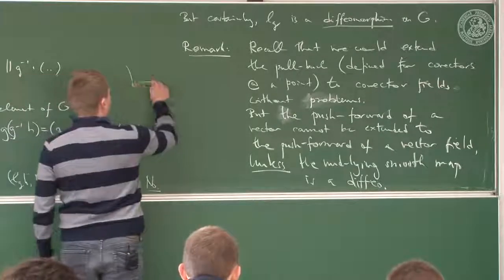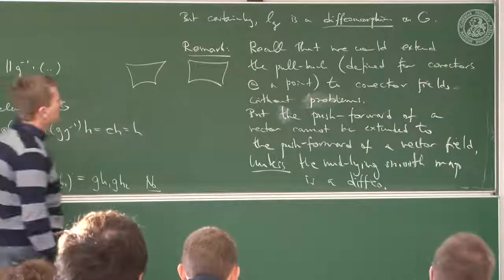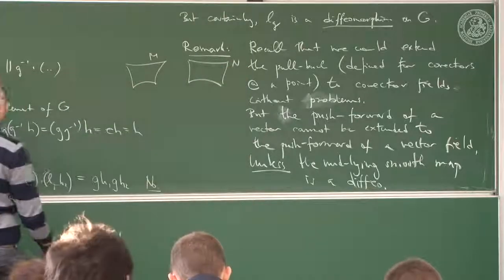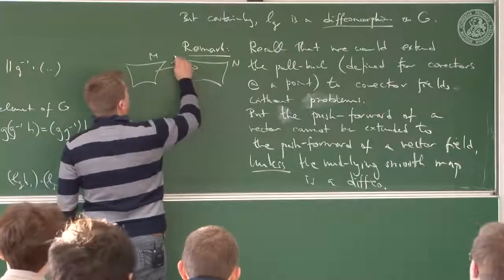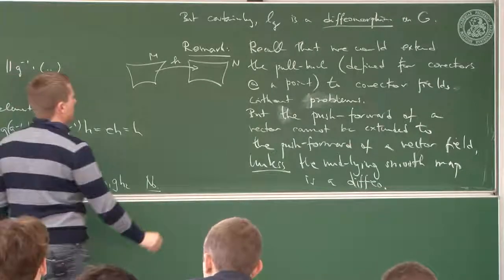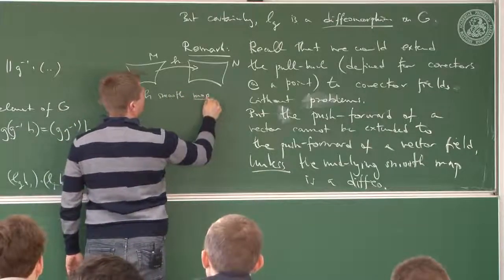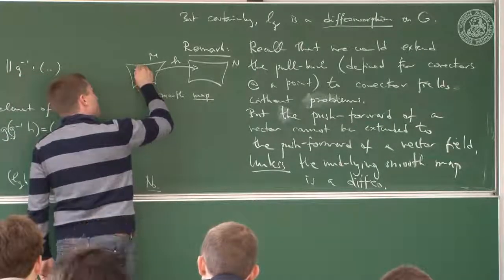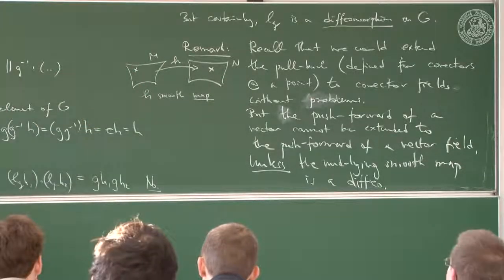So it's important to keep this in mind, so I rather make a point out of it rather than hiding it in the formalism. So you have a manifold M and a manifold N in general. Well, here it's twice the same manifold, but that doesn't change the principle. And you have a map h between the two manifolds, right? Now h is a smooth map. h is smooth, okay, all right, but it's also a map. Now what is a map? A map assigns to every point here a unique point over there. That's what a map does.